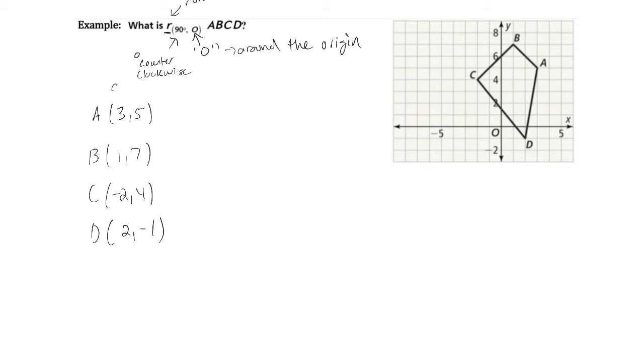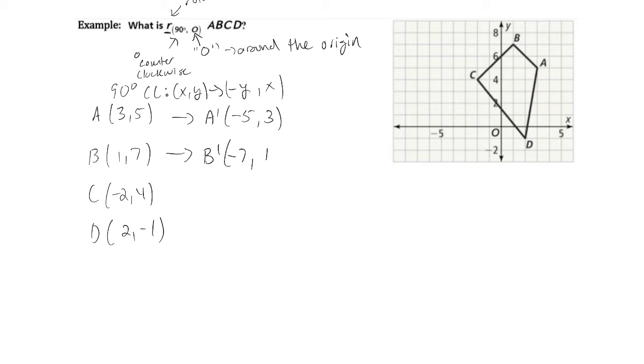So 90 degrees counterclockwise tells us (x, y) becomes (-y, x). So our A prime becomes (-5, 3). B prime becomes (-7, 1). C prime becomes (-4, -2). And D prime becomes (1, 2).